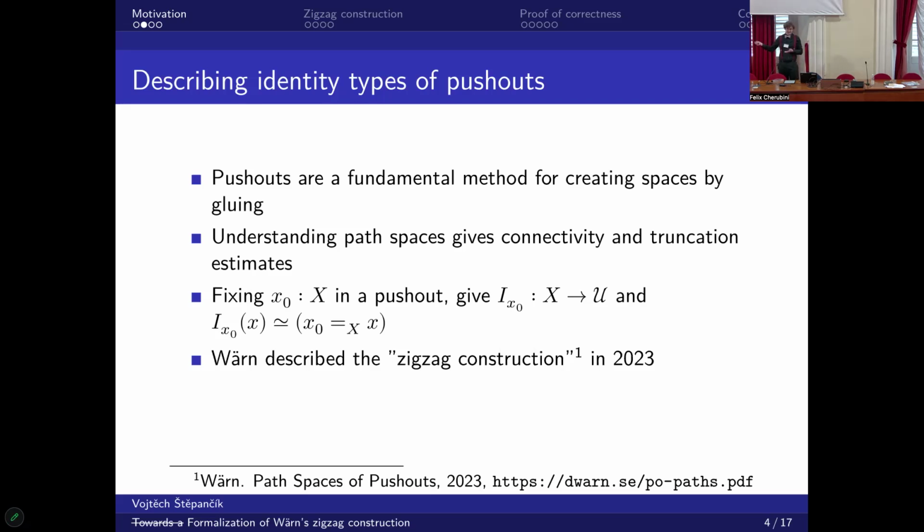We have this nice zigzag construction described by Wärn in 2023, which I consider pretty elegant and decided to formalize. Now here we are 2 years later, and in the meantime, no other formalization popped up, but I finished mine recently, so now we have one, and that's why I'm standing here in front of you.